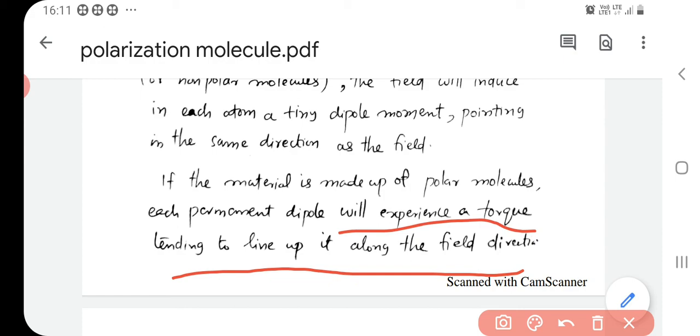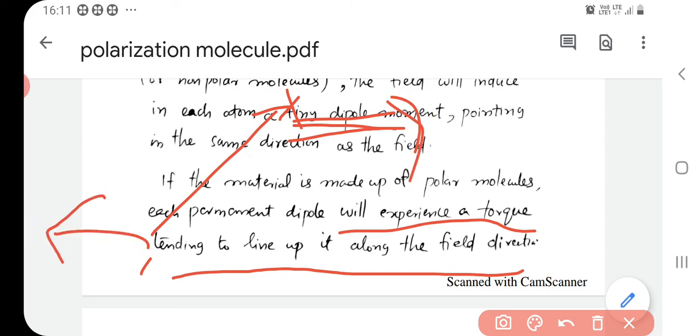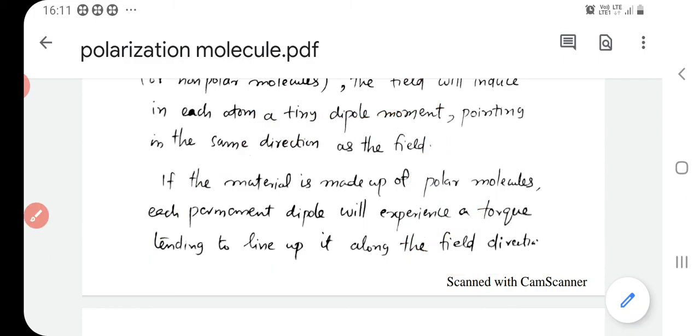Okay, we have seen a dipole when it is placed in electric field experiences a force. The positive end experiences a force in the direction of the field, the negative end experiences a force in the opposite direction. So this will actually rotate the dipole in the direction of the field.